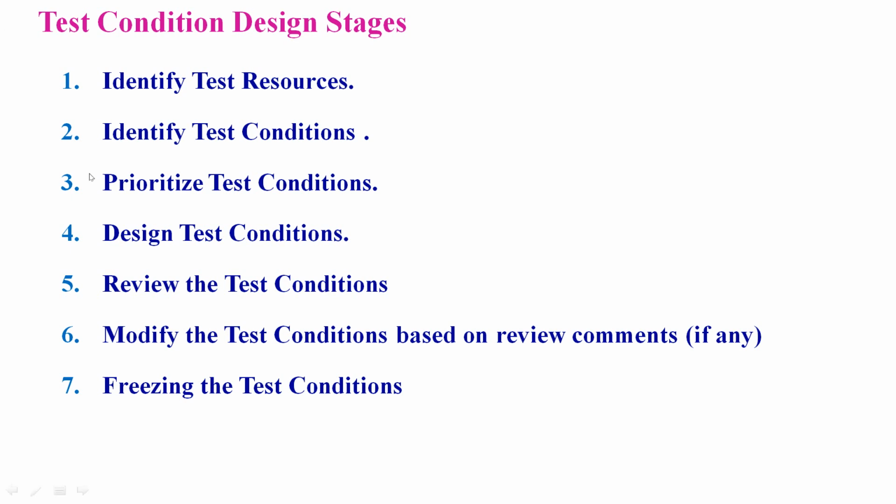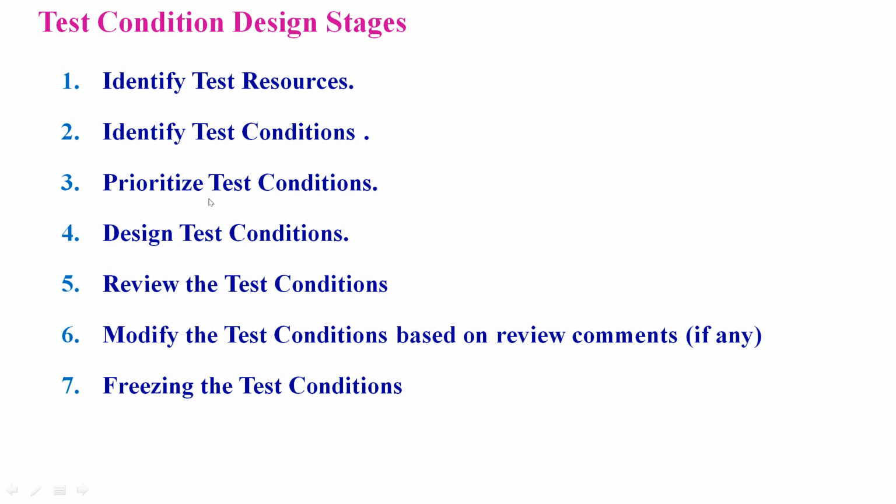Now see here, identify the test resources. That means you have to identify the testable items in the requirements document. For each and every testable item, you have to identify and analyze the test condition.